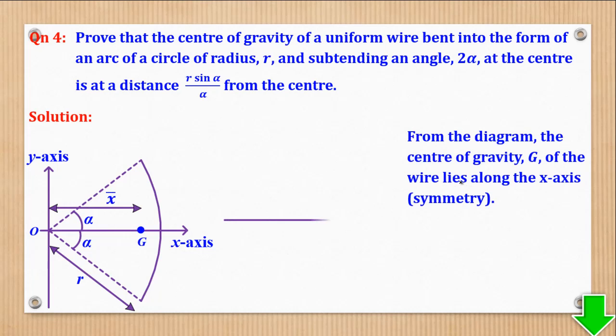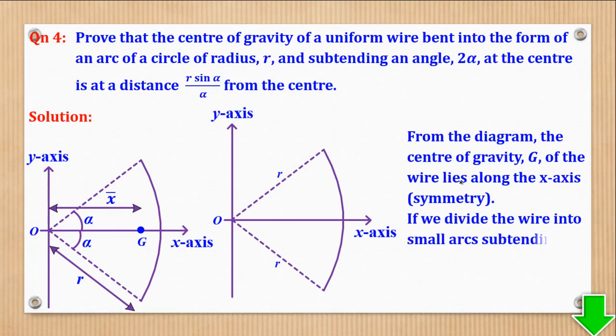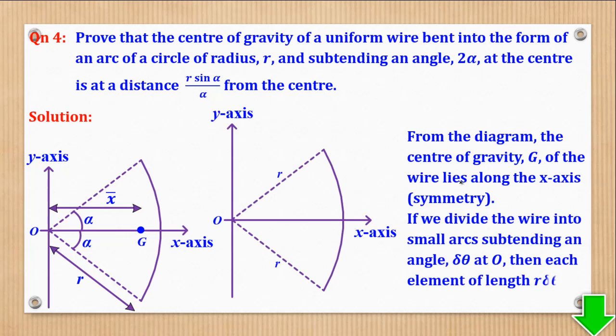Okay. What about a small element of that wire chosen? If we divide the wire into small arcs subtending a small change in theta at the center, each element of length is approximately a particle.